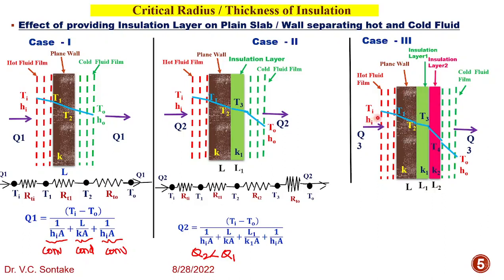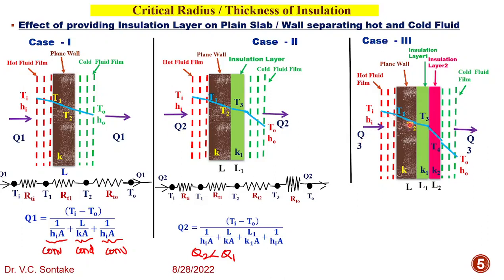Now by virtue of temperature difference, heat transfer will take place from hot fluid film to the plane wall, to the insulation layer 1, insulation layer 2, cold fluid film, and finally it will go out. Let's say the rate of heat transfer is Q3.